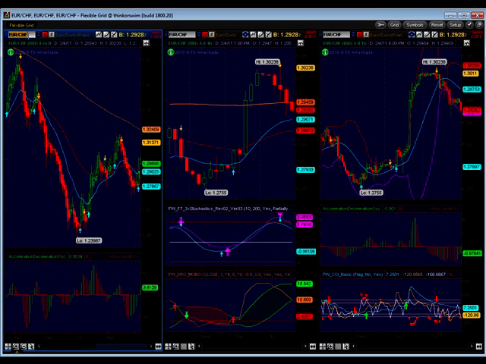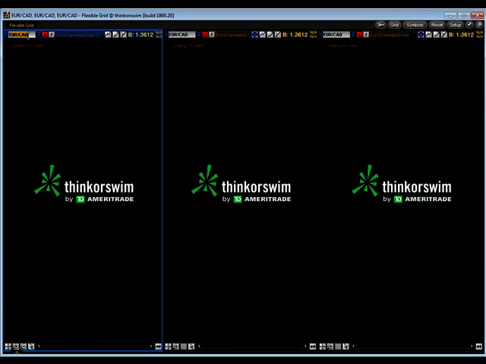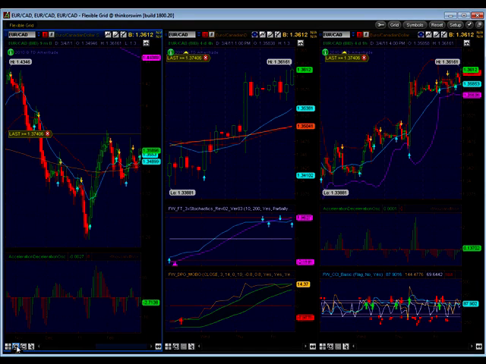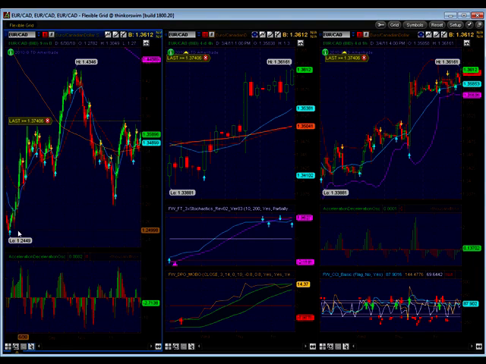And finally, the euro Canadian. You can kind of see some choppiness in here. And I guess that's the way you can play it. Sort of an uptrend, but sort of a downtrend.